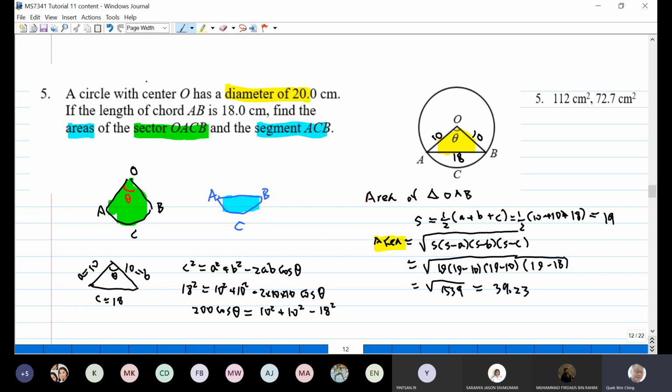You get minus 124 here. So cosine theta is actually equal to minus 124 over 200. So you divide them by 200. You get minus 0.62.